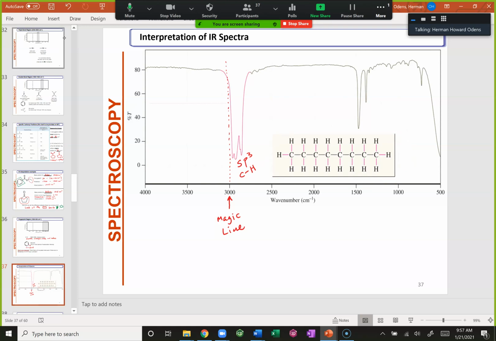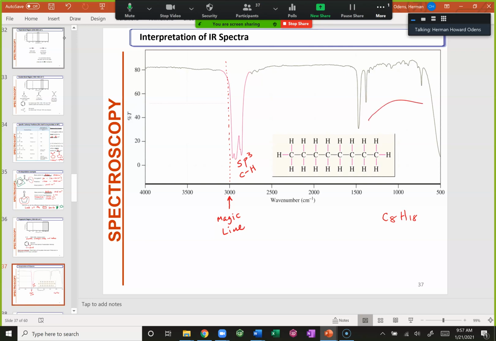Check out the fingerprint region. The fingerprint region has a few peaks, but we cannot assign any of those, because if I give you a molecular formula that says C8H18, you know that you don't have a CO stretch, you don't have a CH bend.